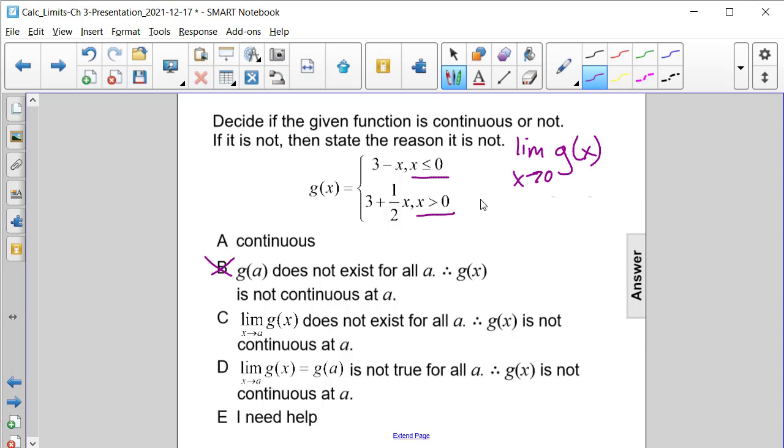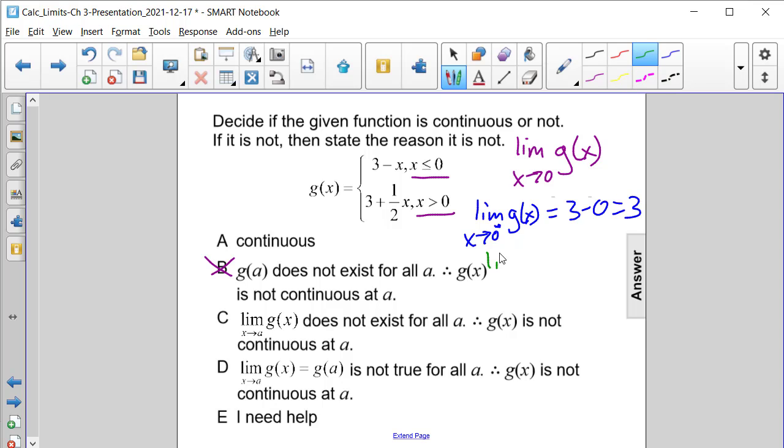Well, we have to examine it from the left, or find the limit of g of x as x approaches 0 from the left, or negative direction. That's going to be 3 minus 0, because we're substituting it into the first piece, which is equal to 3.